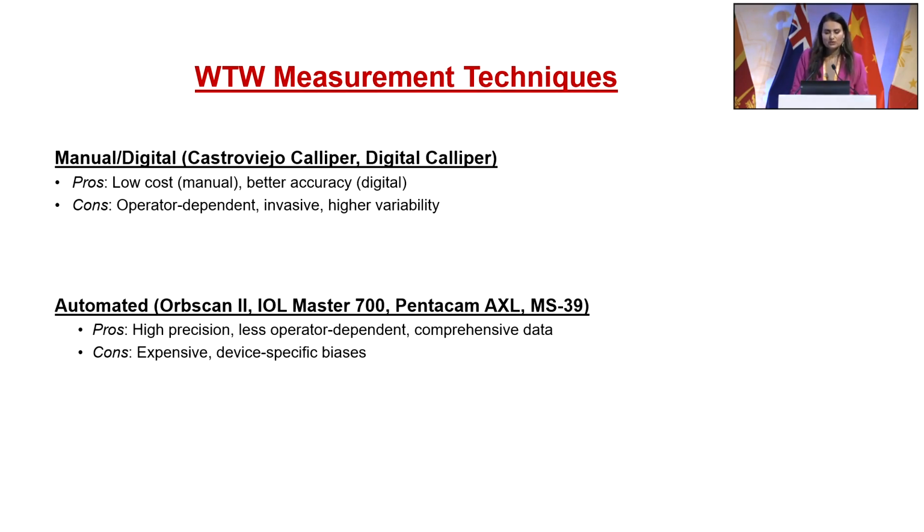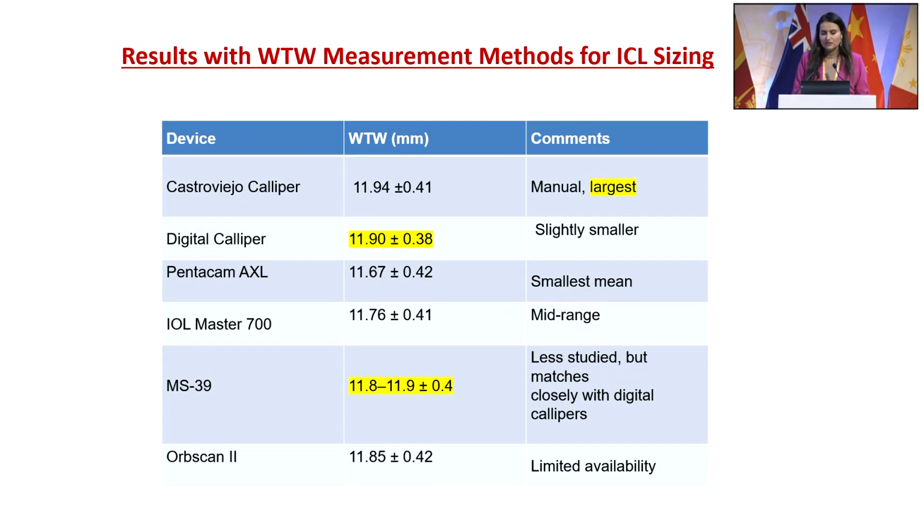The advantages of these automated devices is that they provide high precision readings, they are less operator dependent, and provide much more comprehensive data alongside the white to white value. But of course, they are expensive and there can be device specific biases also.